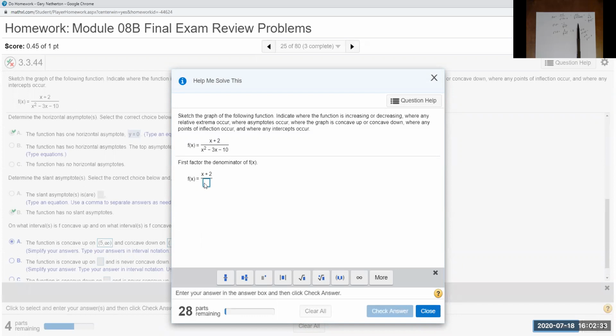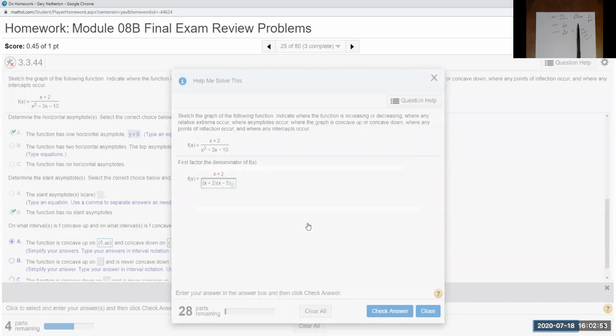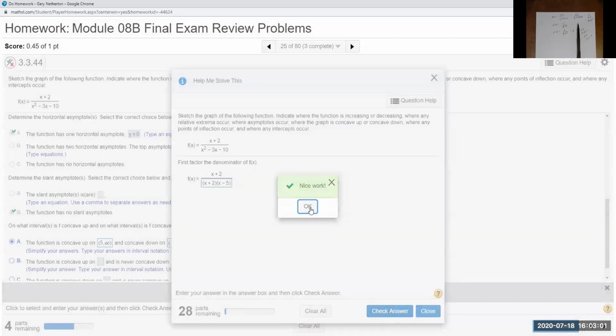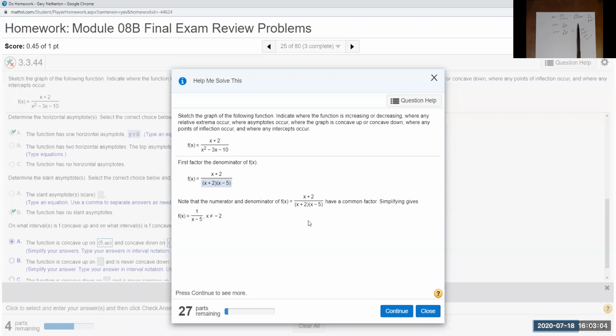Okay, it wants me to factor, which I did. I think it didn't like my notation. So I got this. All right. Note that there are cofactors and figures. Okay, that's what I did. x cannot be -2.